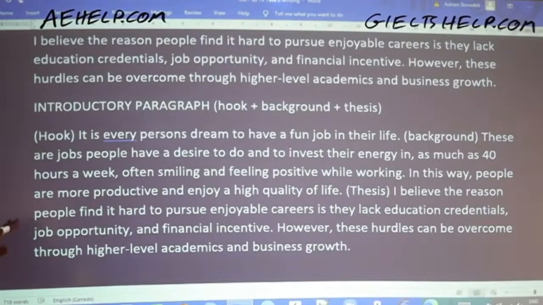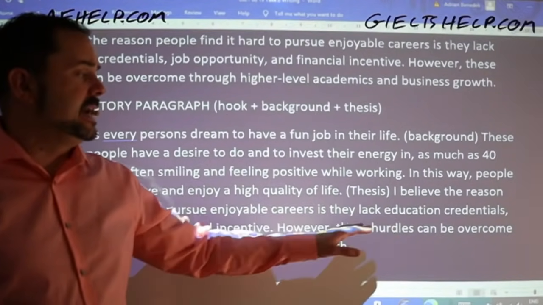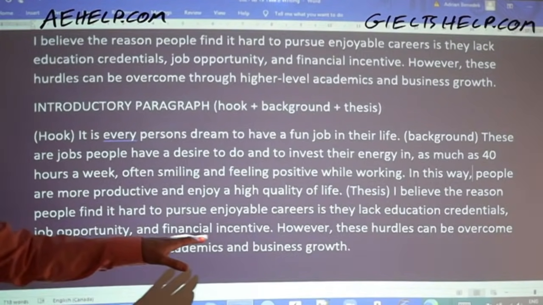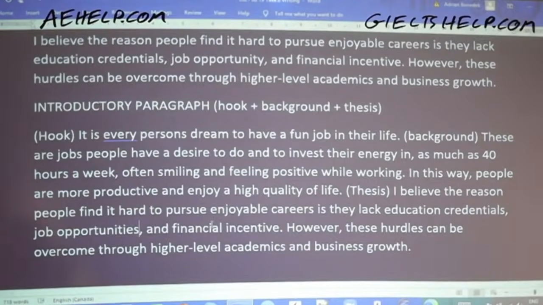I believe the reasons people find it hard to pursue enjoyable careers is they lack education credentials, job opportunities, and financial incentives. I have to watch my plurals here, so education credentials, job opportunities, make these all plural, and financial incentives.